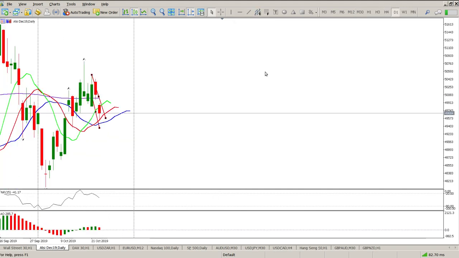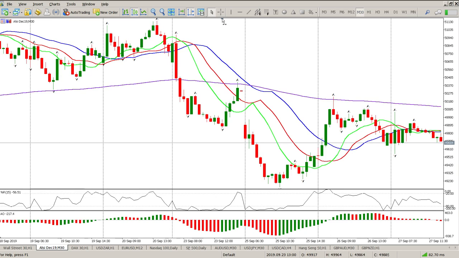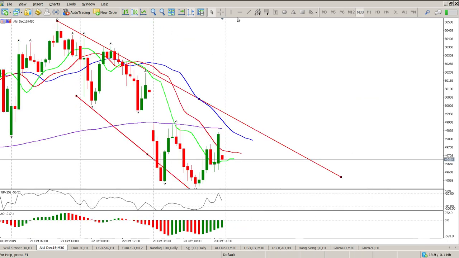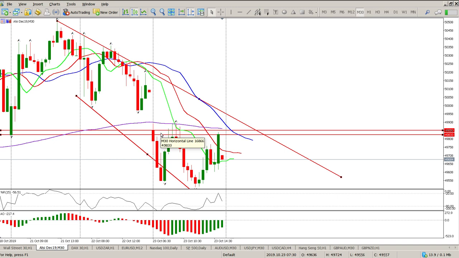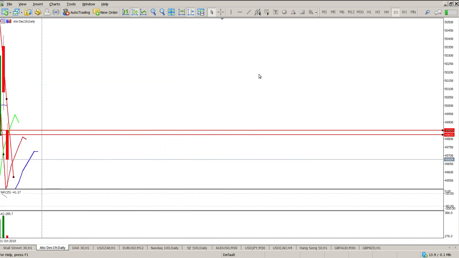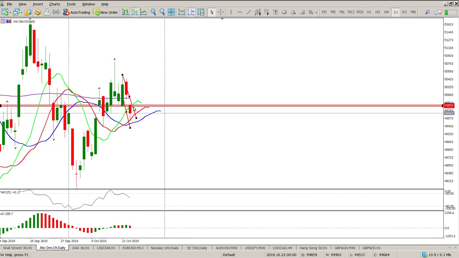On the daily, our close was there and our open was there. So we've got a little tail to the top, and a small body with a massive tail. It's a small red body, but a massive tail, which is a rejection of the alligator.